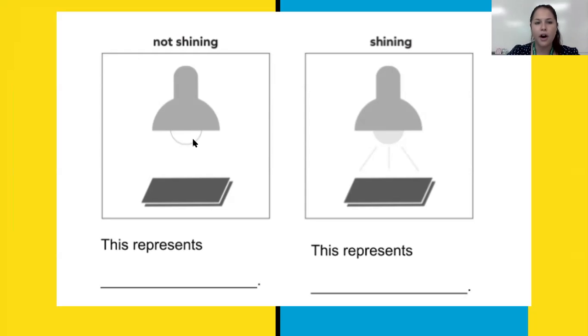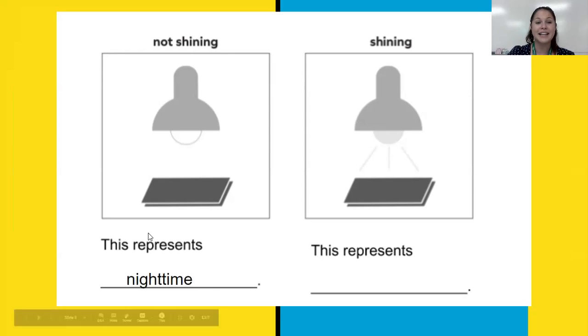Now, if our light, our sunshine, is not shining, think about what that would mean. If the light is not turned on, what might that mean? Think about it. When is there no sun?